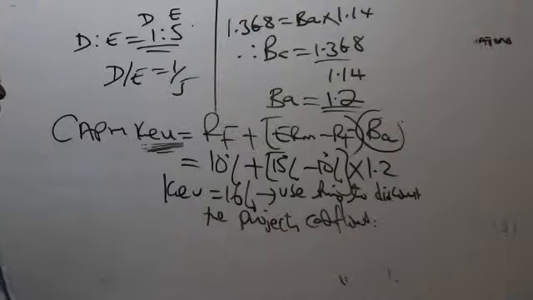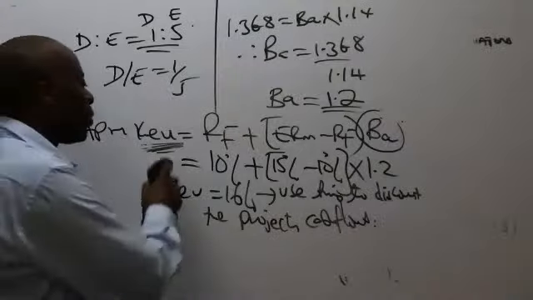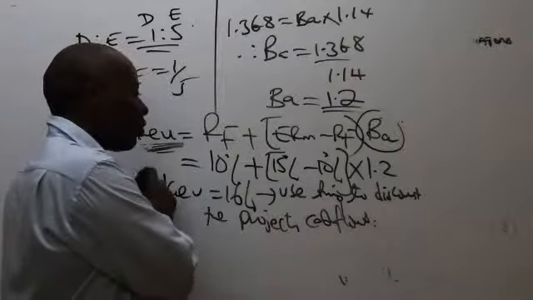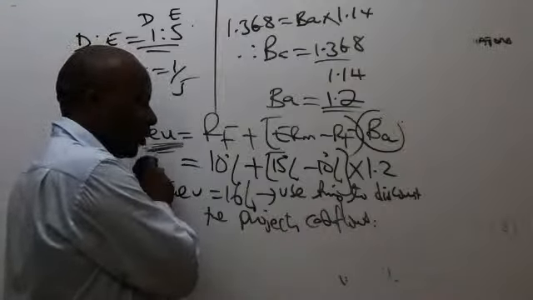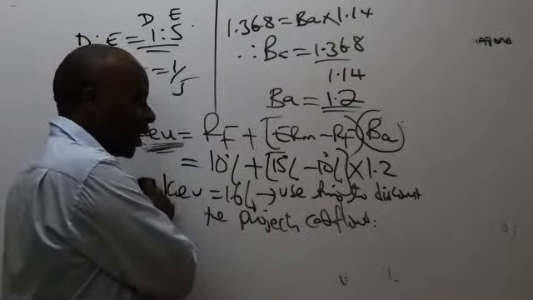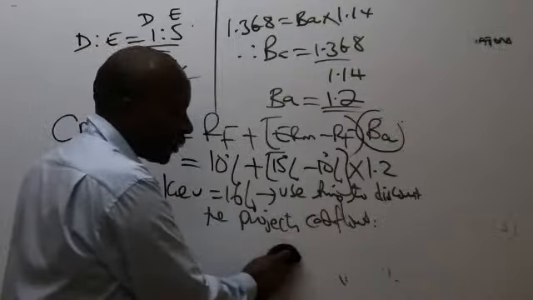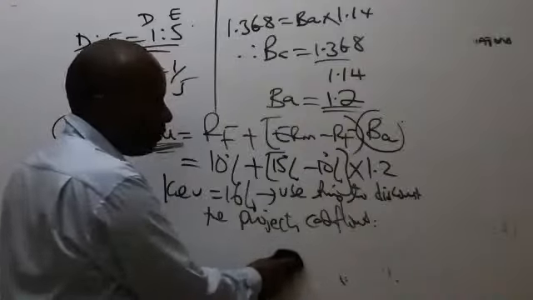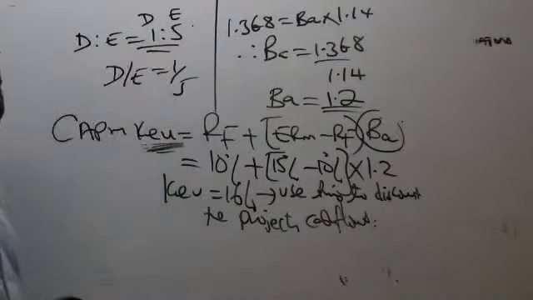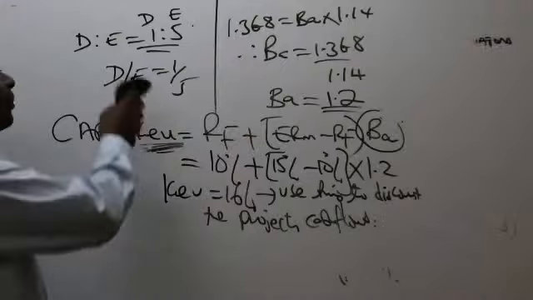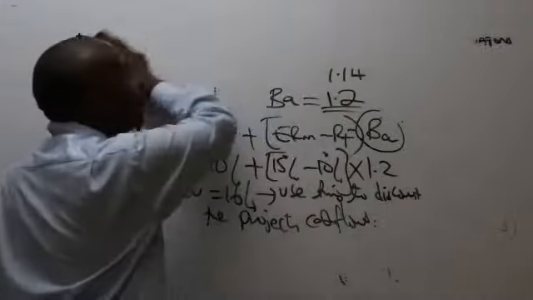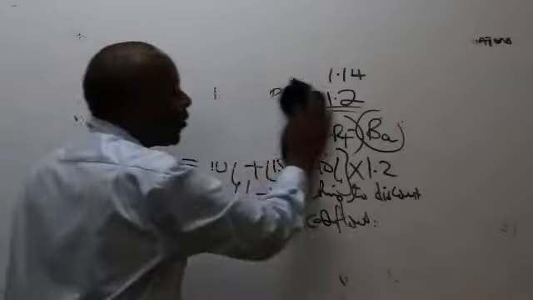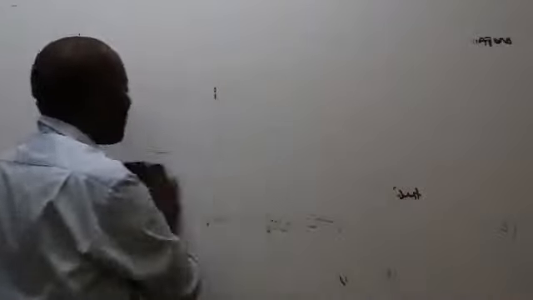We've burnt 40 minutes. So now we've been able, ladies and gentlemen, to get the cost of equity of an unlevered organization that we shall use to discount our project's cash flows, to be able to get what we call the base case NPV. So now we are looking for the base case NPV. First of all, we would want to get the cash flows of the project.